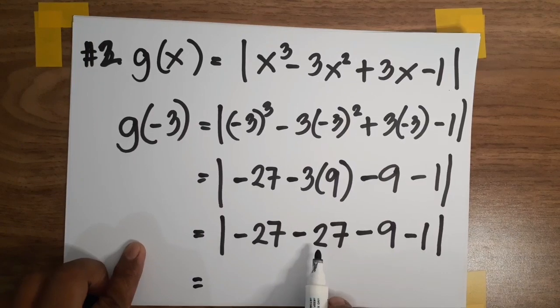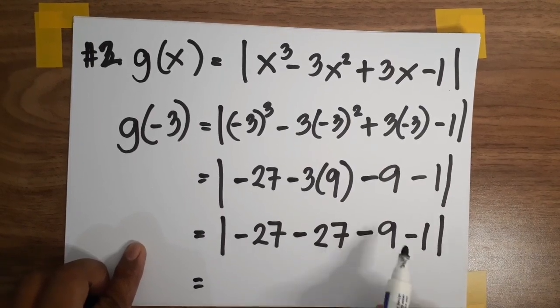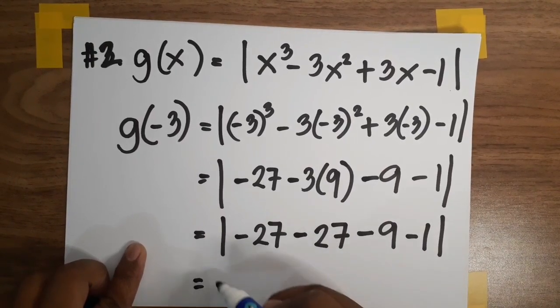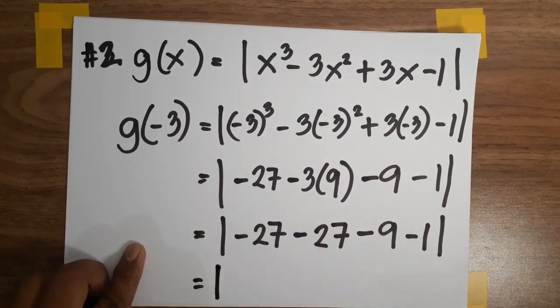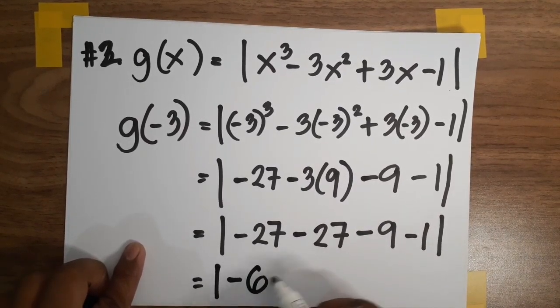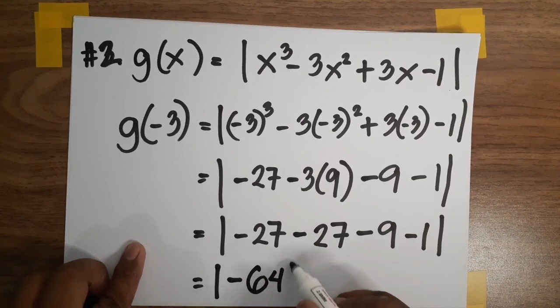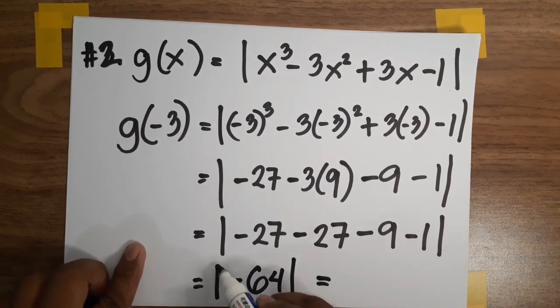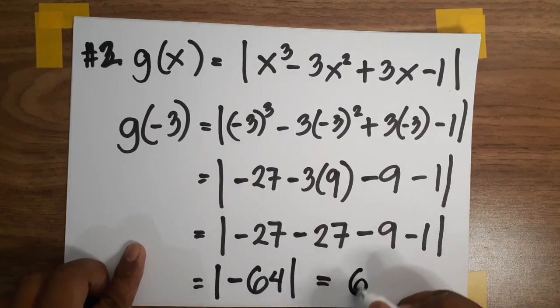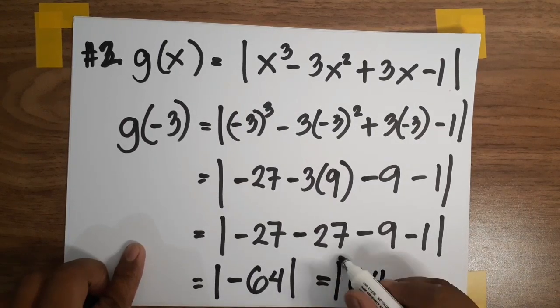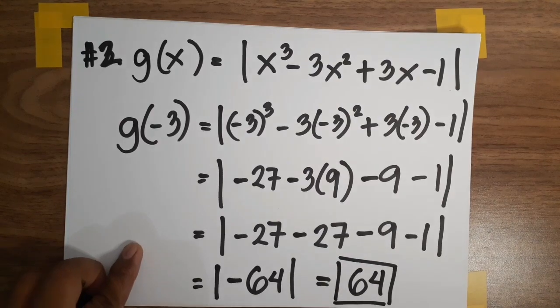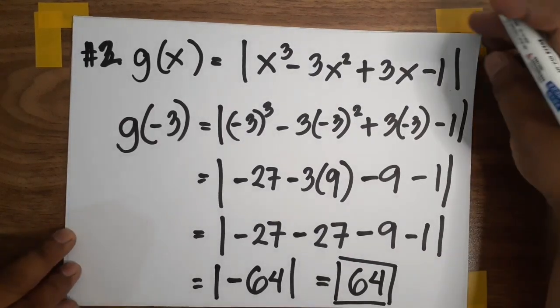Simplify, so you have negative 27 minus 27 minus 9 minus 1, which is negative 64. But since this is an absolute value, the answer is always positive, so you have positive 64. So g of negative 3 is positive 64.